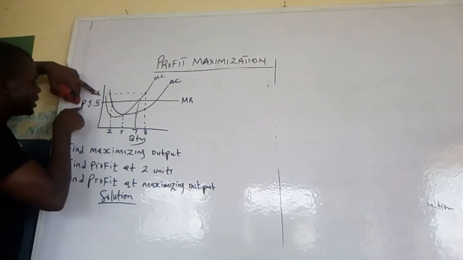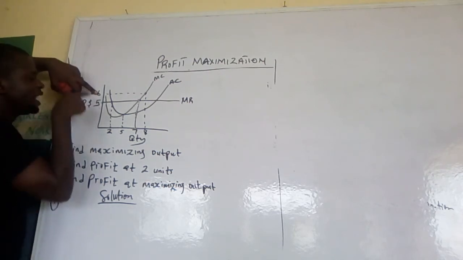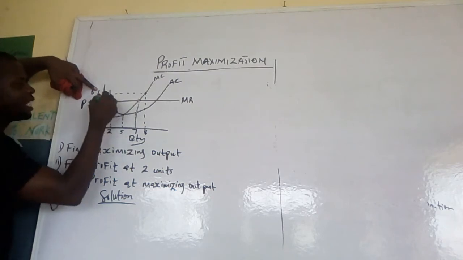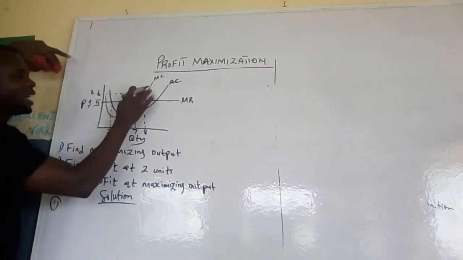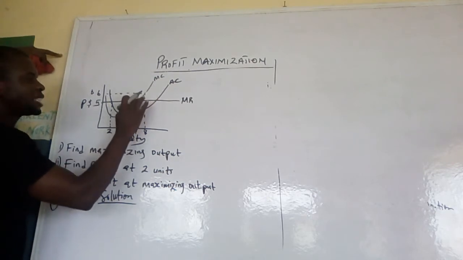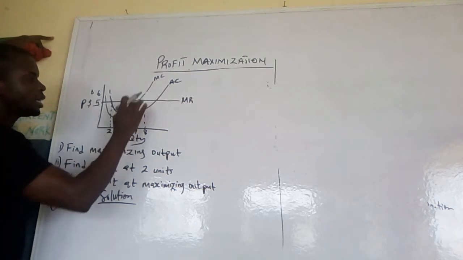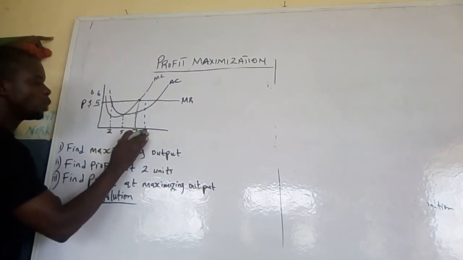But the price in the market is fixed at $5. It means that he's going to be selling it for $5, but he's using $6 to produce it. Automatically, from this point to this point is the loss. From 6 to 5 is the loss. So it's not ideal. So the maximizing point is located here. We cannot produce 8.